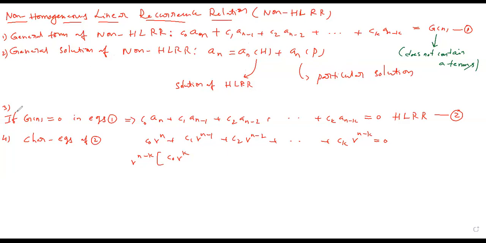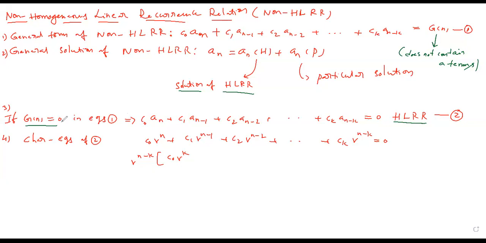Come to point number 3. Here the first part is the homogeneous linear recurrence relation. How to find the homogeneous one? Homogeneous means in equation 1, G_n equals 0. Suppose G_n equals 0, then equation 1 can be converted into a homogeneous linear recurrence relation, denoted by 2.